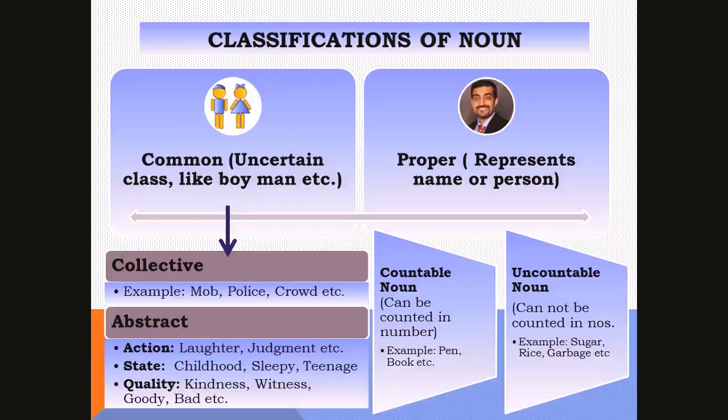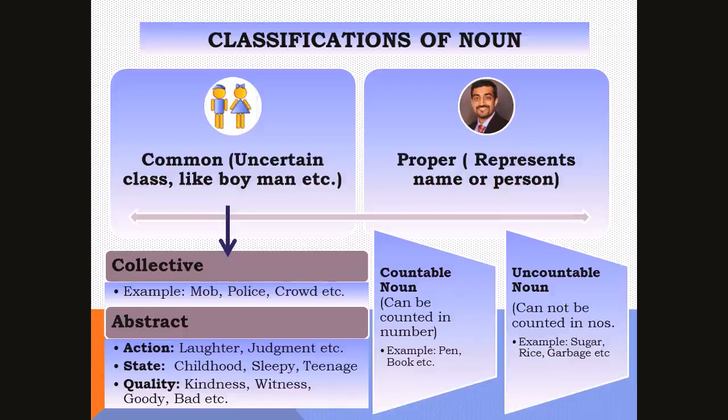Sleepy. He is sleepy. Whenever you are using it in a sentence like, he is sleepy, it is representing his quality or state right now. But whenever you are saying, sleepy is a very bad manner in a meeting, sleepy represents a very bad manner in a meeting.